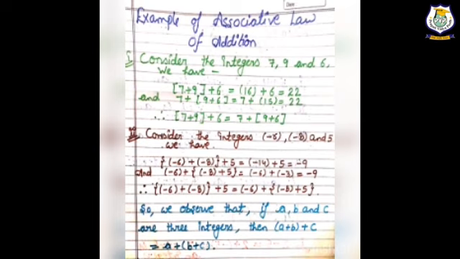And the second time, -6 + (-8 + 5) = -6 + -3 = -9. So we observe that if a, b and c are three integers, then (a + b) + c = a + (b + c).